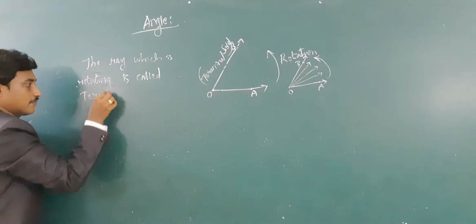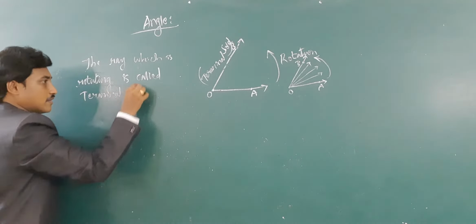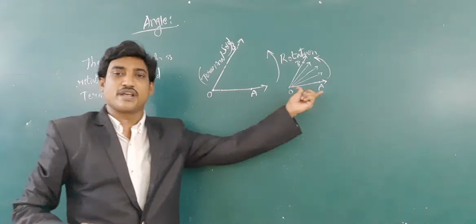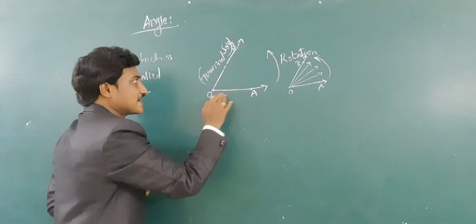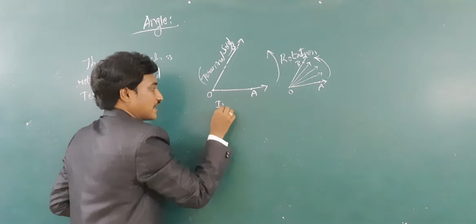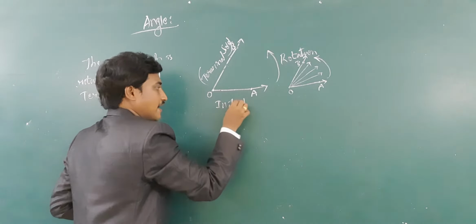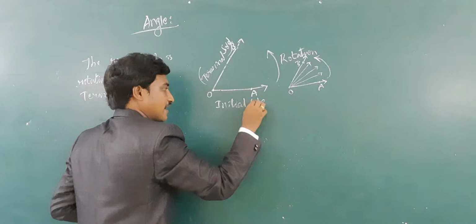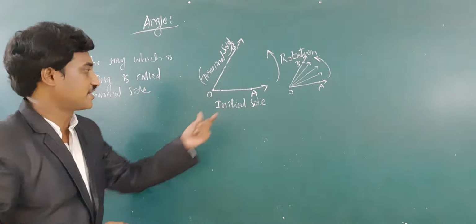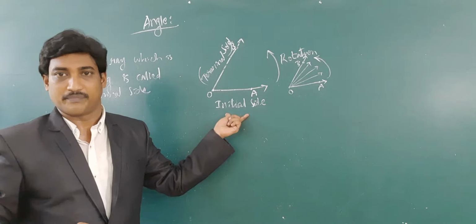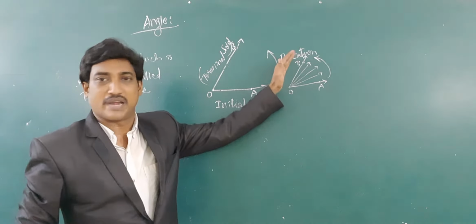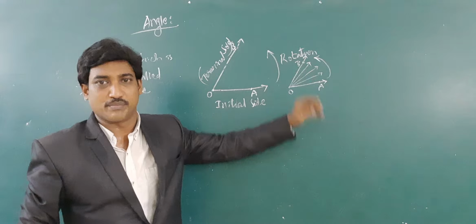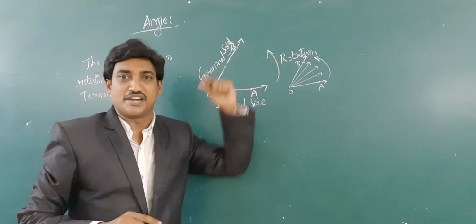One more side there, that is OA, is a fixed side. This fixed side is called the initial side, or initial ray.